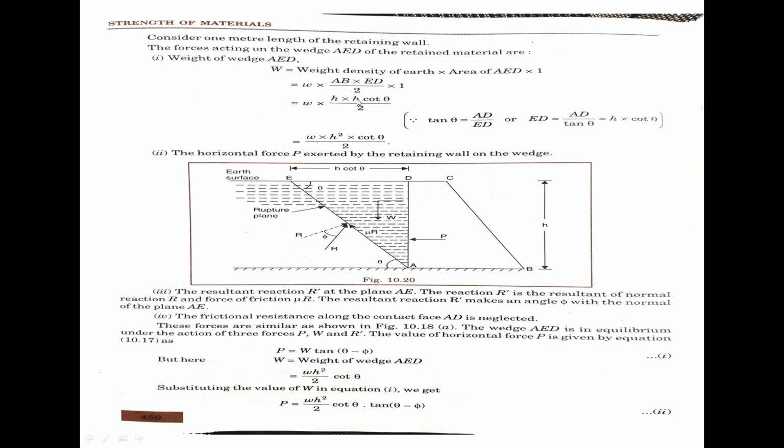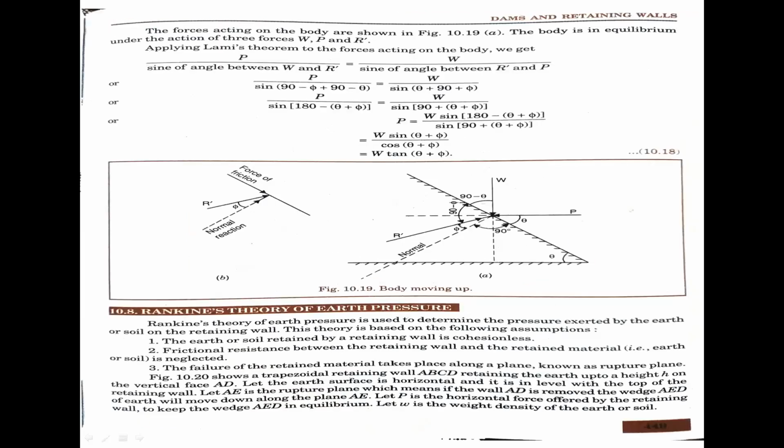Now see this diagram consideration. A trapezoidal retaining wall ABCD retains the earth up to a height small h on the vertical face AD. Let the earth surface be horizontal and in level with the top of the retaining wall.